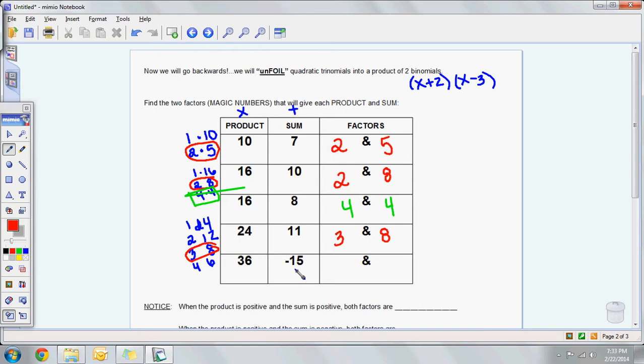All right, last one's a little weird because we have this negative, so I want to show you how that's a little different. So still start with 36. So my factors of 36, I'm going to write them over here this time.